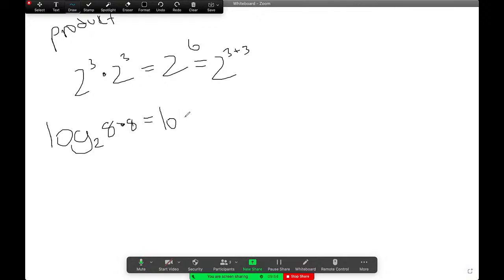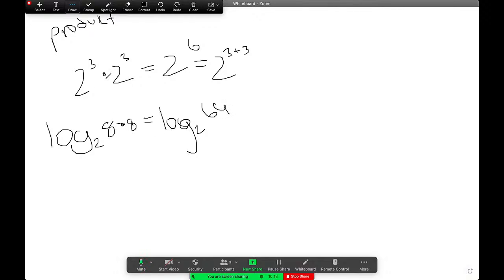No, I think we got the wrong thing here. Log base 2 of 64. Yeah, log base 2 of 64, that's what we got.